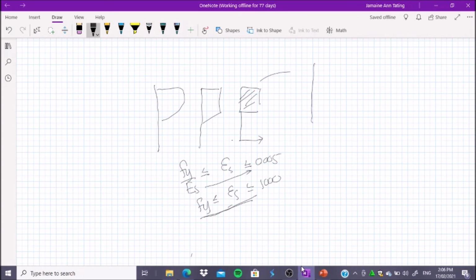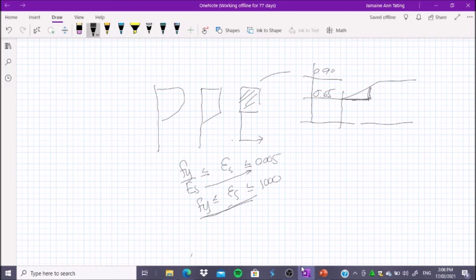Ang graph na yan ay nakaganyan. This is 0.65, 40, and we have 0.90. So, ito, pwede by linear interpolation o pwede naman na right hand proportion.